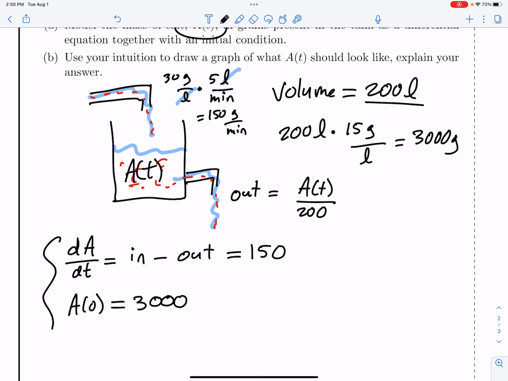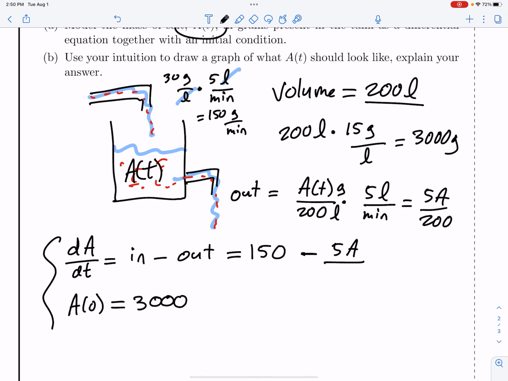That's the concentration, in grams per liter. And then it is 5 liters per minute. Again, the same rate out, 5 liters per minute. And so this works out to be basically 5A over 200. That's the rate out. And it's minus because that salt is leaving. So we get minus 5A over 200.